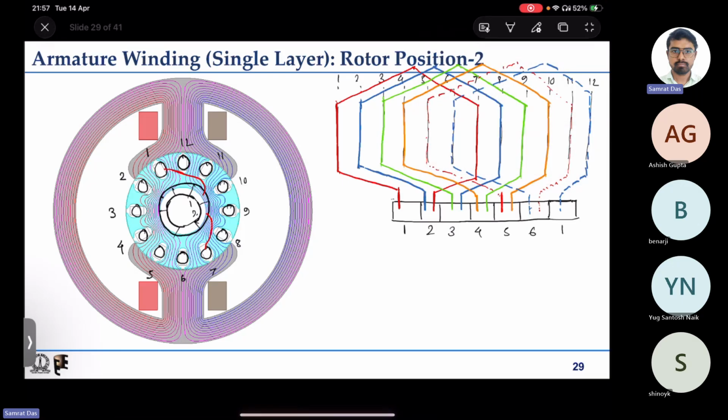So 1, 2, 3, 4, 5, 6. It goes all the way, and gets shorted here in the slot number 2. Next, if I go to this coil, the blue coil, it starts from here.